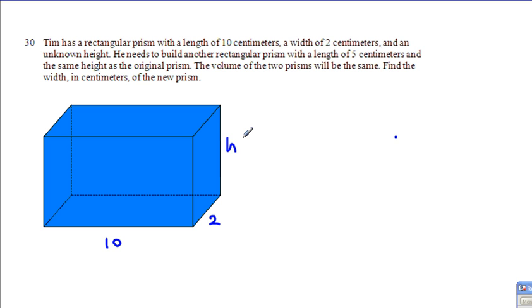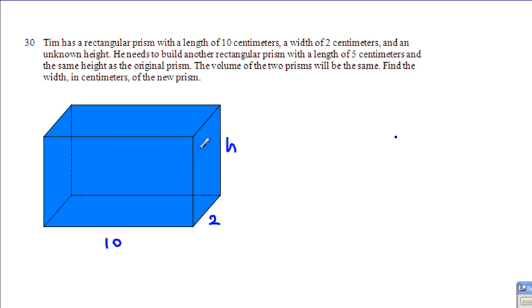Height we have no idea, so we're going to call it h. Now he needs to build another rectangular prism with length of 5, and then same height as the original prism.